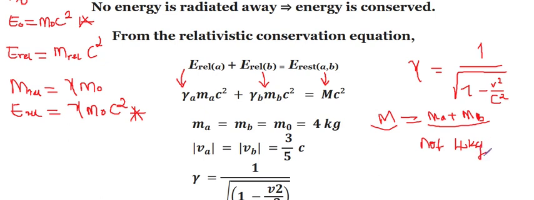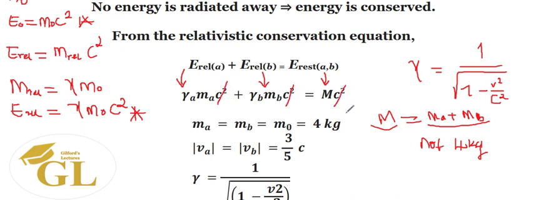The masses, or this mass, is going to change because these particles are moving with a speed greater than the speed of light. So you notice already in this equation that this c squared and this c squared and this c squared all cancel out. So MA is equal to MB, and is equal to the rest mass of A and B, and it was given in the question as 4 kilograms.